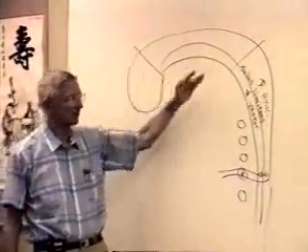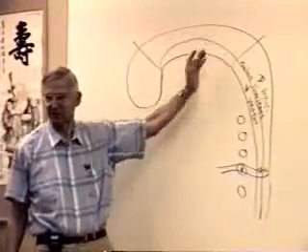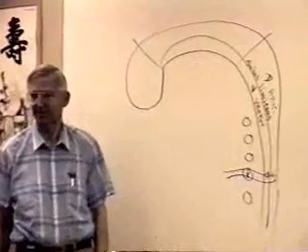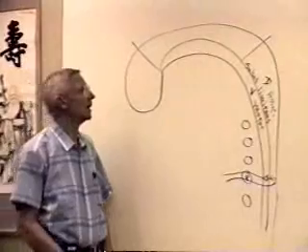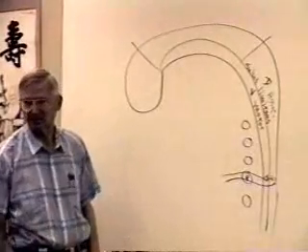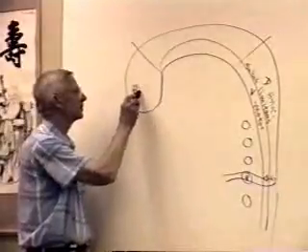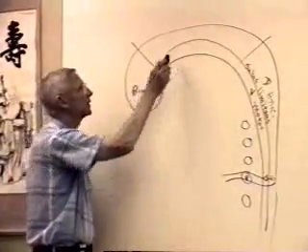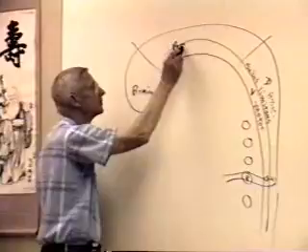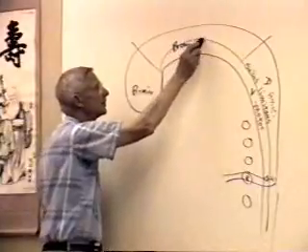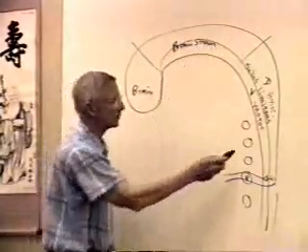Rostral and caudal, and in between. And just roughly, these will grow up into brain stem and spinal cord.